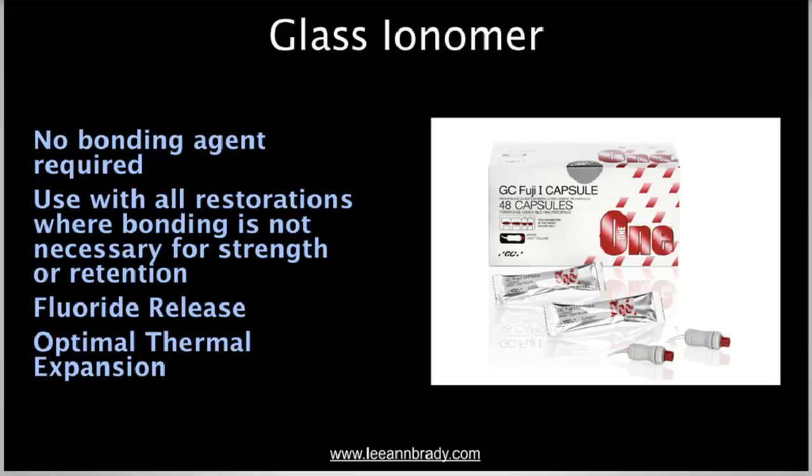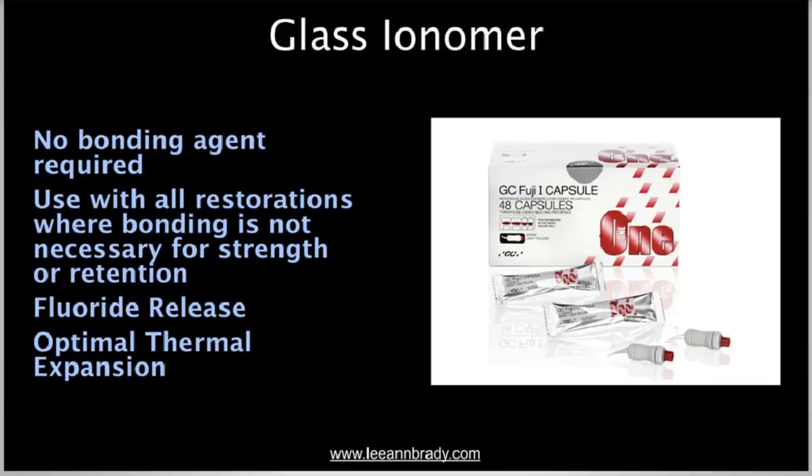One of the things we like about glass ionomer is fluoride release. Many people talk about fluoride release and the potential it has for helping prevent secondary caries and marginal leakage, which we know is one of the most common reasons we replace these restorations. And one of the things that's kind of unique to glass ionomer is it has some optimal physical properties, in particular thermal expansion very similar to tooth structure.